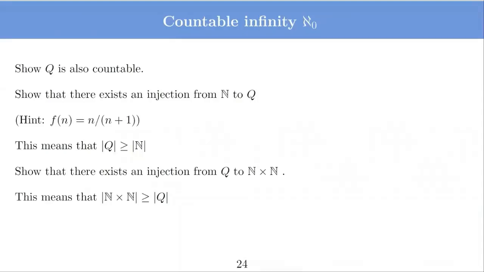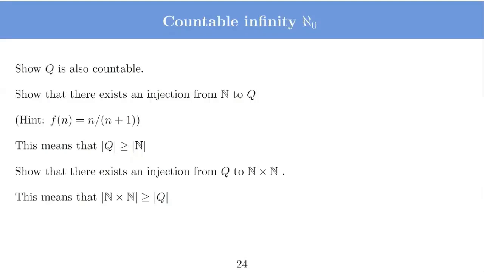Q is the set of any rational number, and so every rational number is like p by q, so it can be represented in the form of p comma q, right? So it's a subset of N cross N because every rational number can be written as a pair of two natural numbers p comma q. Okay, why am I saying subset?